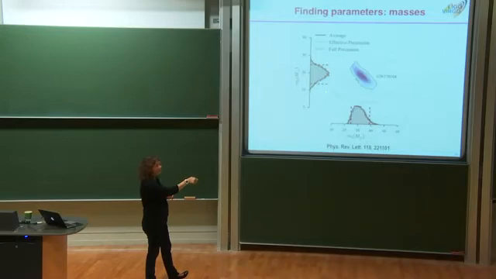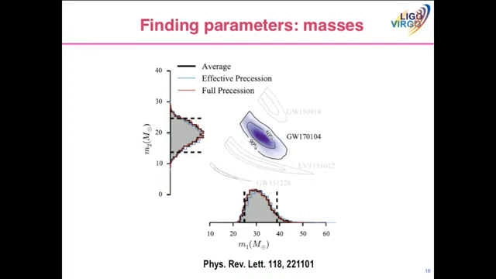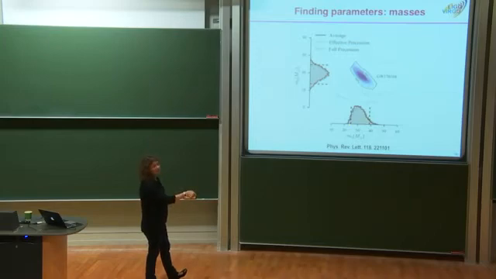It gets thinner, which means that you have an estimate of the chirp mass, which is in this direction, much better because it is much longer. Lower masses means a longer signal. But when you project it over the masses, which is what you really want to know, the uncertainty is quite big.